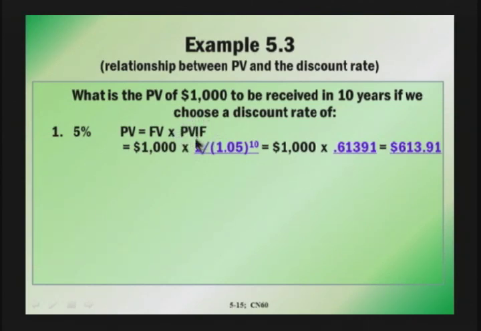The present value interest factor being 1 over 1 plus r to the tth power. So r was 5%, 0.05 as a decimal, and 10 years are involved here, so our exponent is 10. So we want to get this present value interest factor so we can multiply by the $1,000 future value to get our present value.